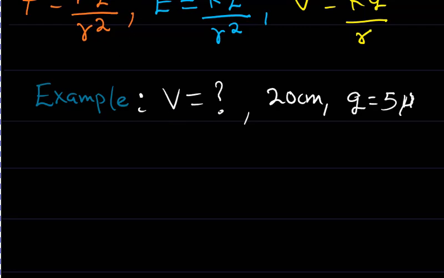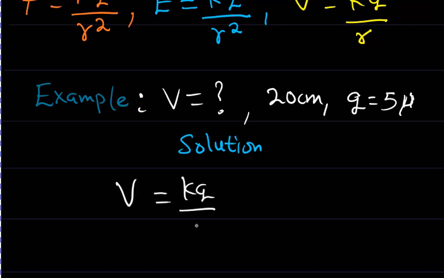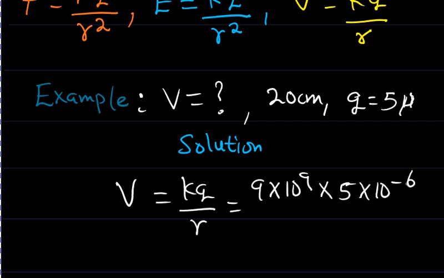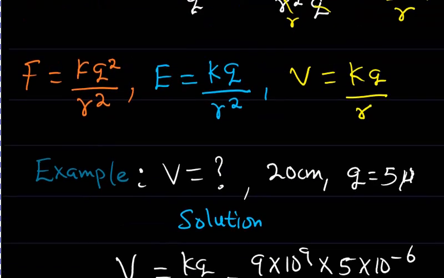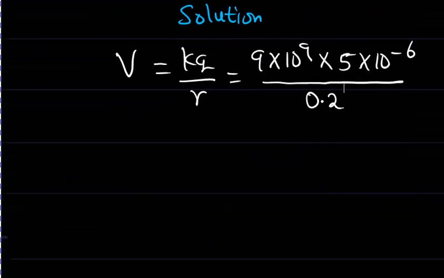This is very simple to solve. The electric potential is equal to KQ all over R, which is 9 times 10 to the power of 9 times 5 times 10 to the power of minus 6, divided by 0.2. I'm very sure you can complete that.